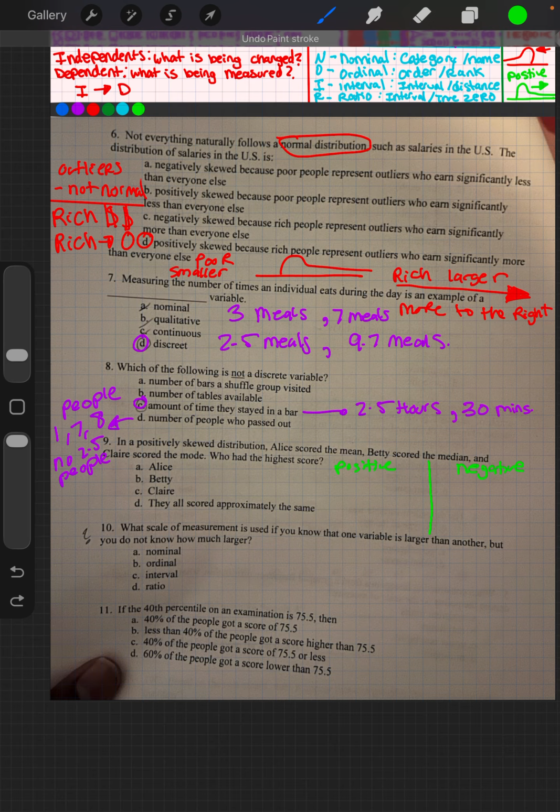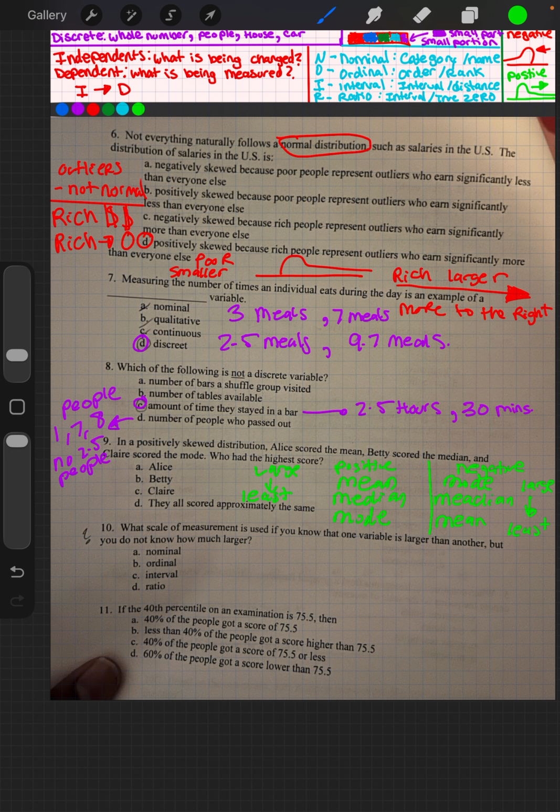I'm gonna say large to least. So we have mean, median, mode, and it's gonna be switched. It's gonna be mode, median, mean for large to least.